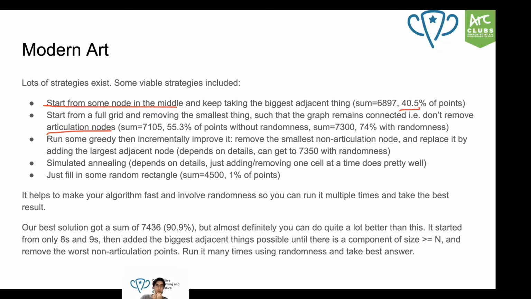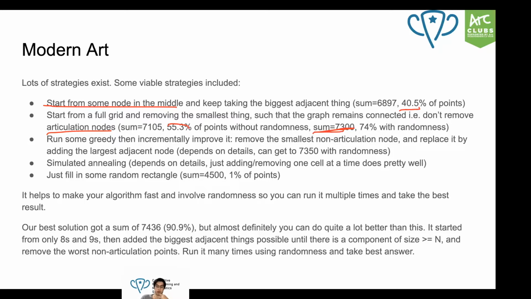So without randomness, if you just implement one thing, it'll get that amount of points. And if you add some randomness on top, and just keep running the same thing over and over again, then it actually has quite a high variance, I don't know what the variance exactly is, but it's enough such that there'll be enough variation that you can get a significantly larger sum just by taking the best one.